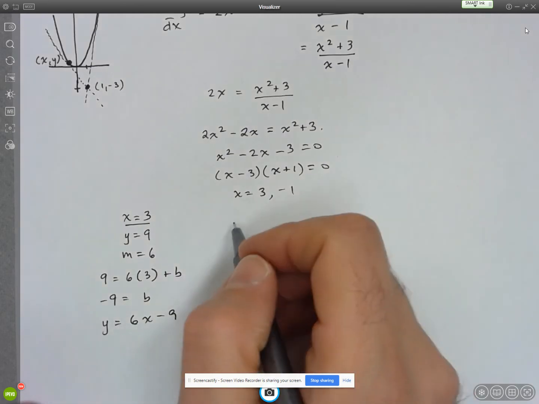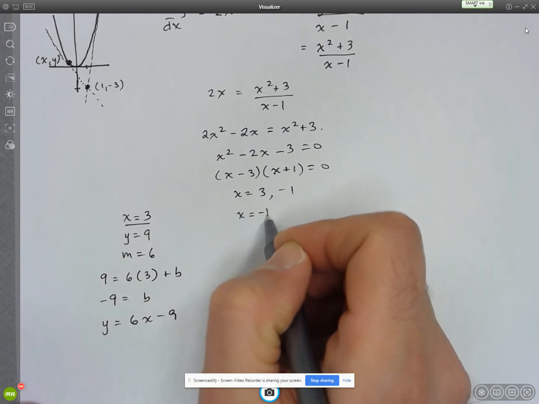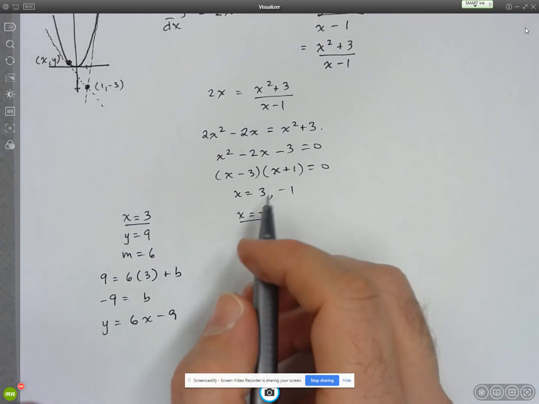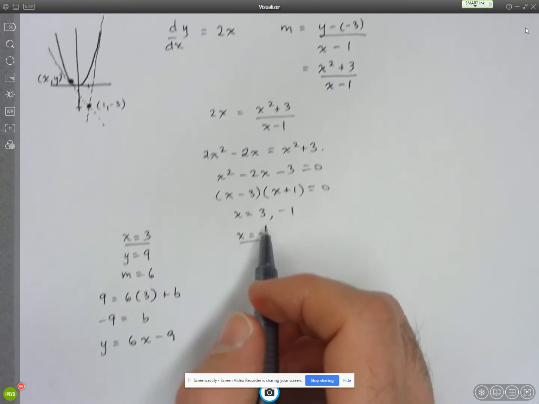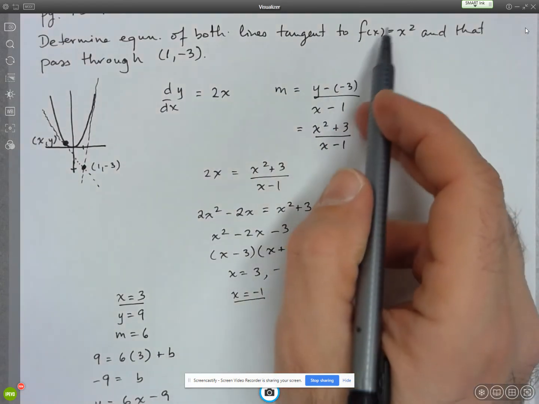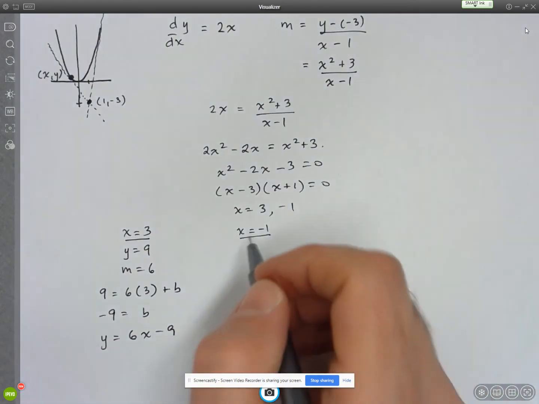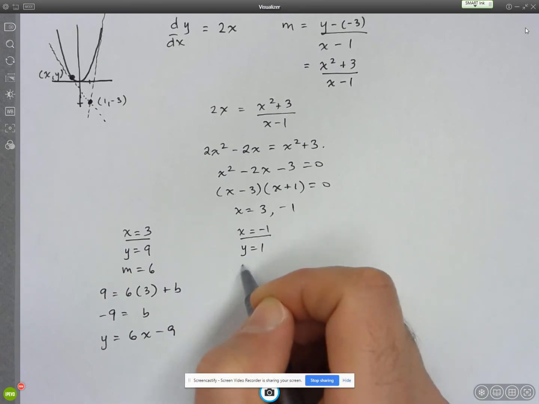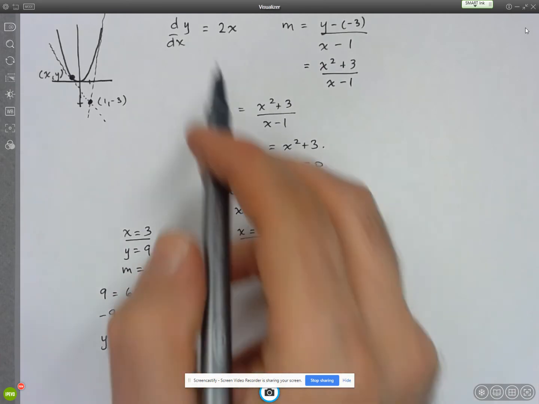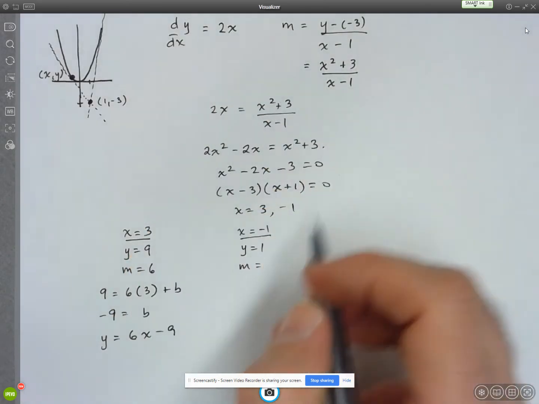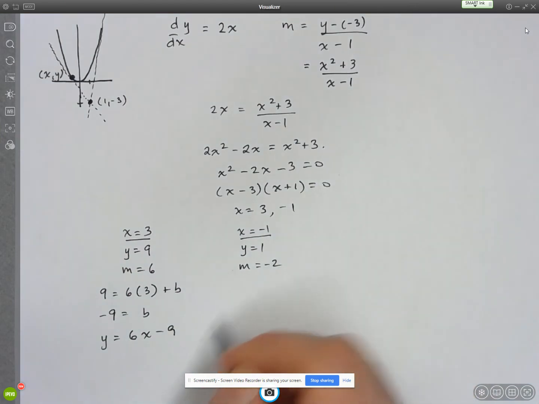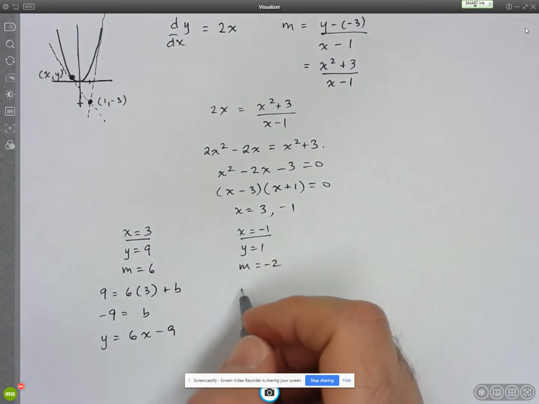All right, now let's do the same thing for x equals -1. Okay, so when x is equal to -1, again, it's on the curve. So -1 squared is just going to be equal to 1 for our y value. The slope, again, is just going to be given by the derivative. So 2 times -1 is -2, and I can stick all of this into y equals mx plus b.